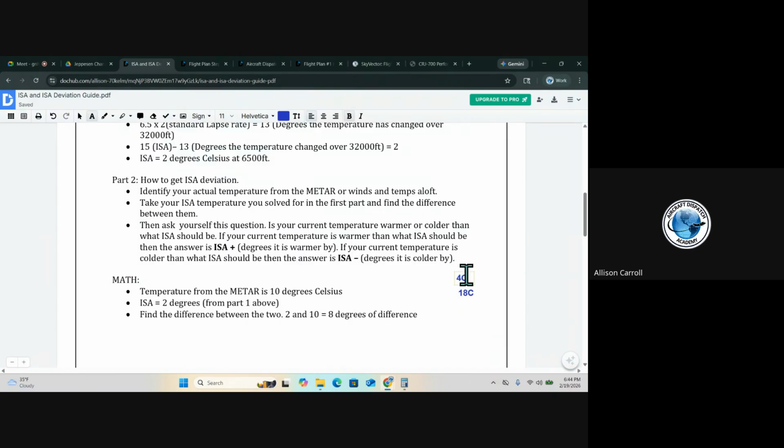So we are getting warmer by 14 degrees. There's a 14-degree difference between these two numbers, and from 4 to 18, we are getting warmer. So the answer is ISA plus 14 degrees Celsius. That is our ISA deviation. We are deviating 14 degrees warmer than what ISA should be.